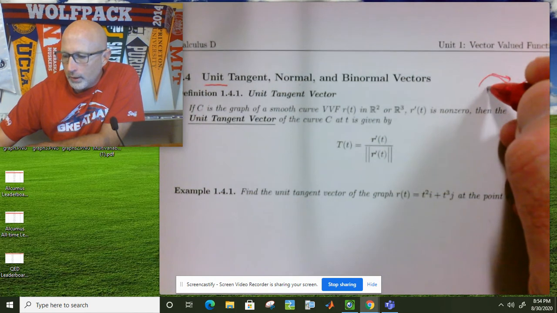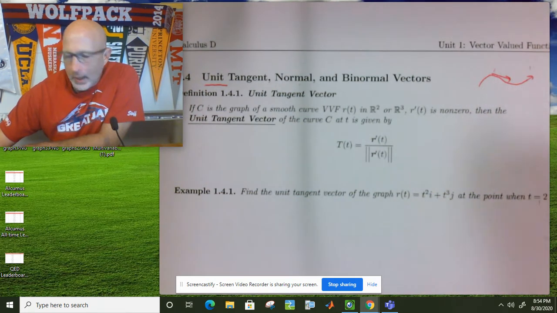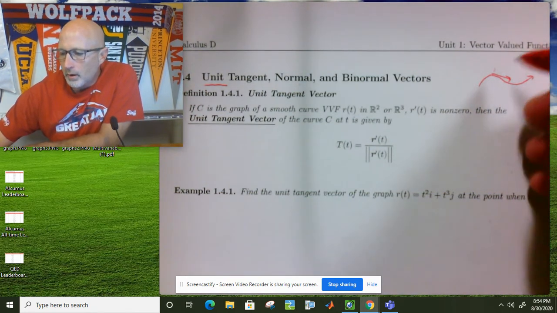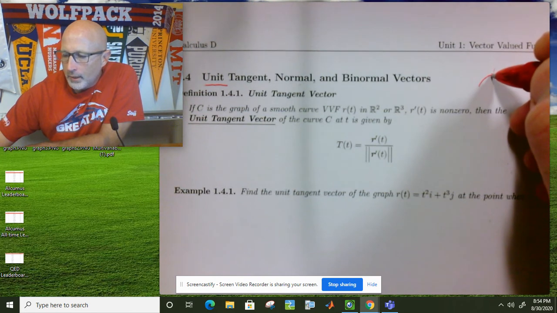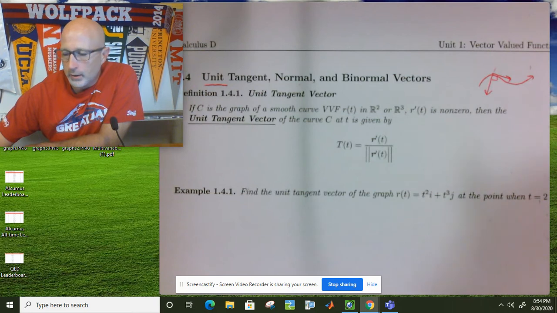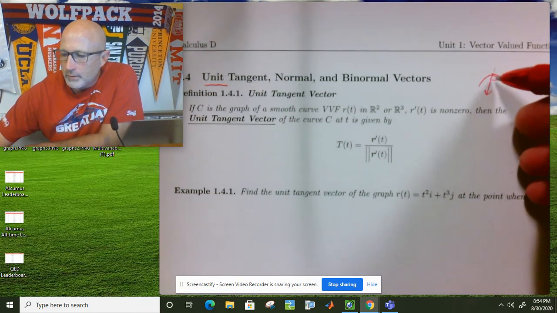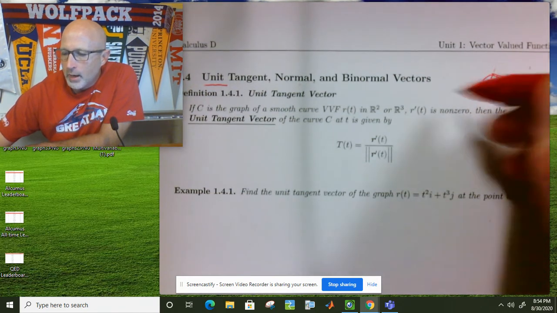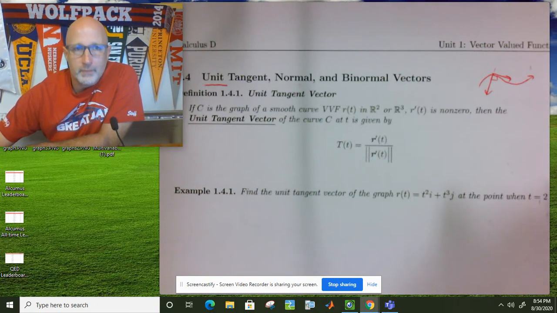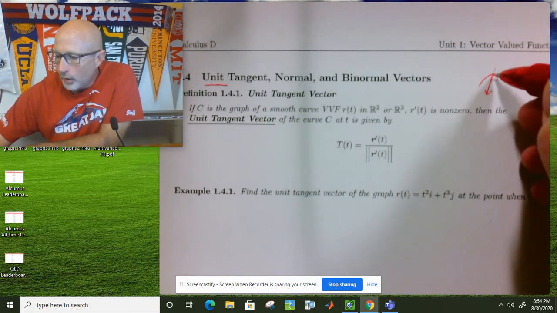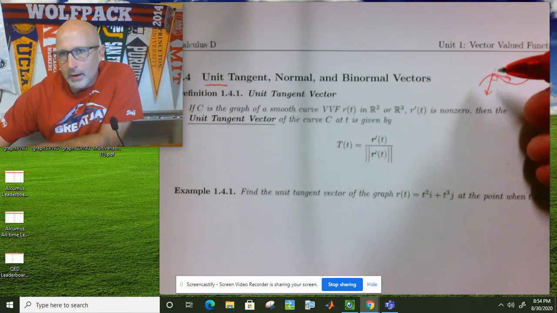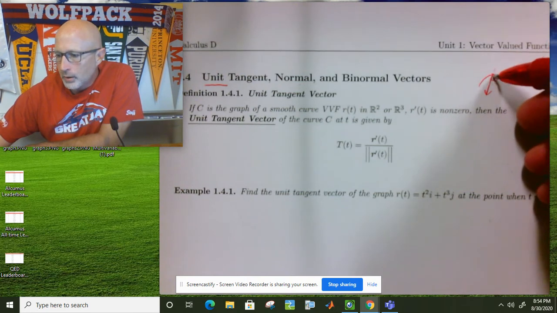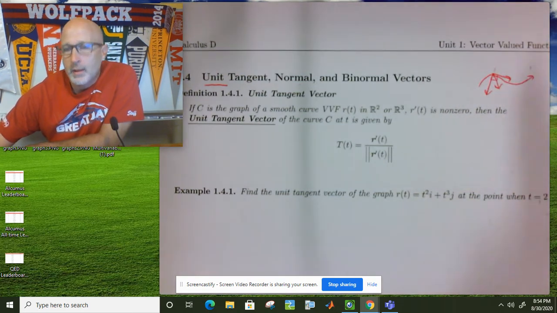Now, whether it goes into the curve or out of the curve kind of depends on the scenario. I'm going to go ahead and say it goes into the curve right now, and those are perpendicular to each other. So this is going to be the tangent vector, this is going to be the normal vector, and then the binormal vector is the vector that's perpendicular to both of those. So it'd be like it was coming out of the screen right at you. It looks something like that, but this one is going to be perpendicular to those two.